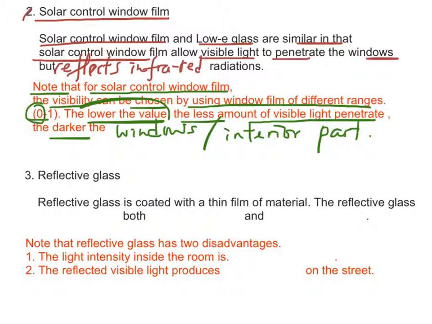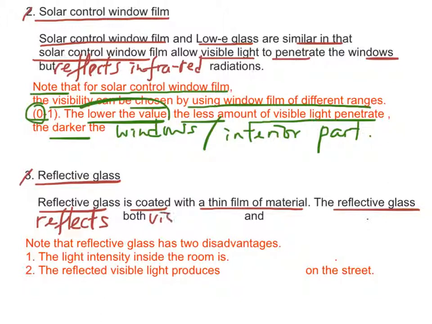The third material that can be used is reflective glass. Reflective glass is coated with a thin film of material. However, the reflective glass reflects both visible light and infrared. Note that reflective glass has two disadvantages.